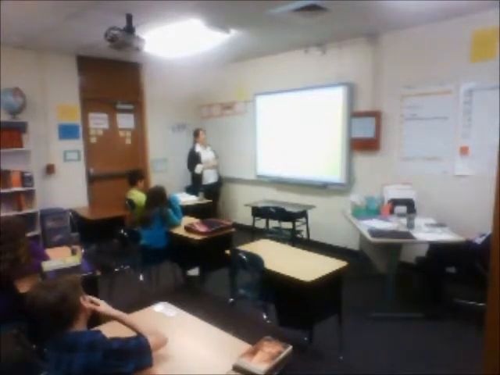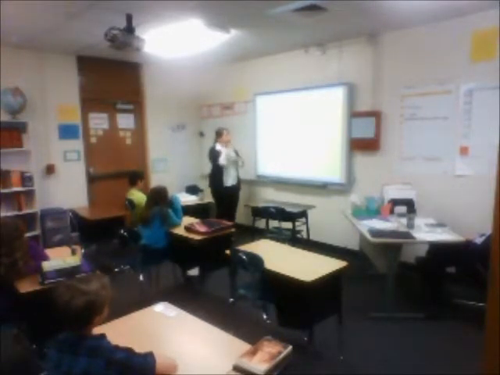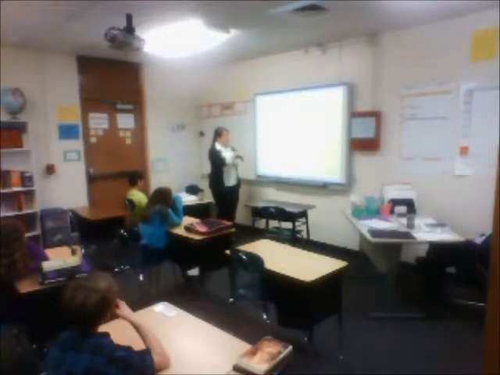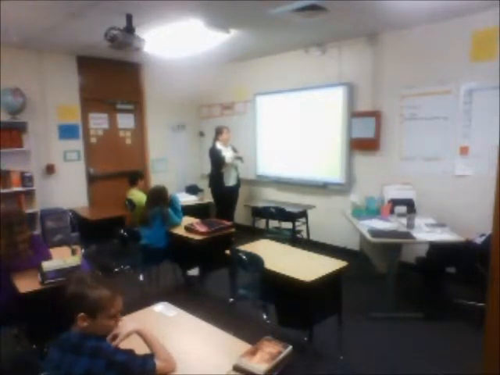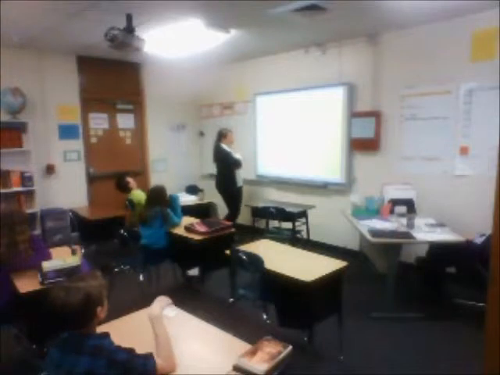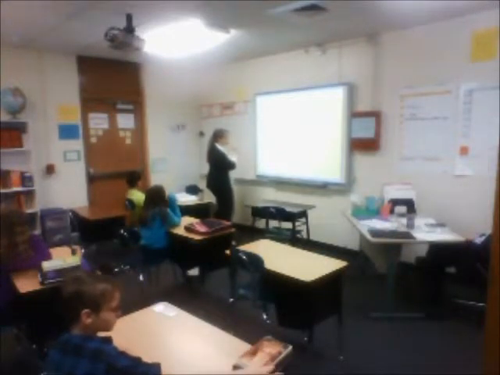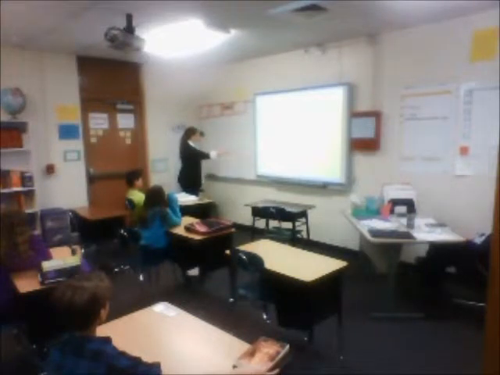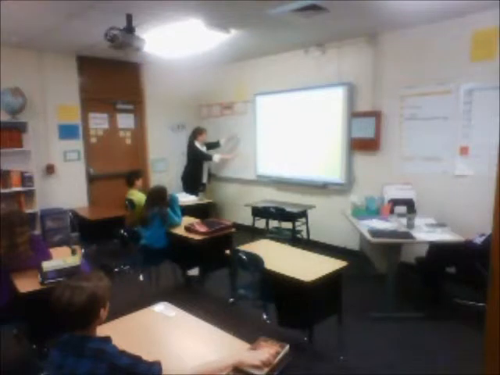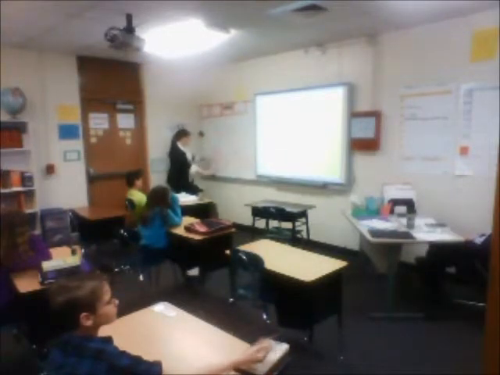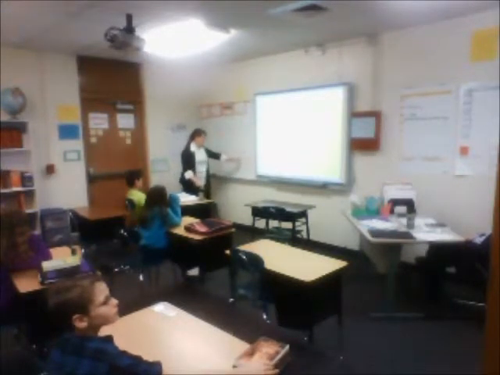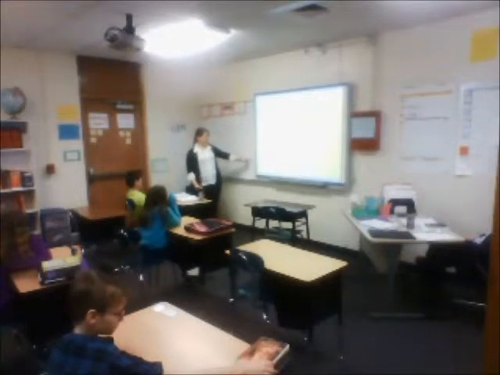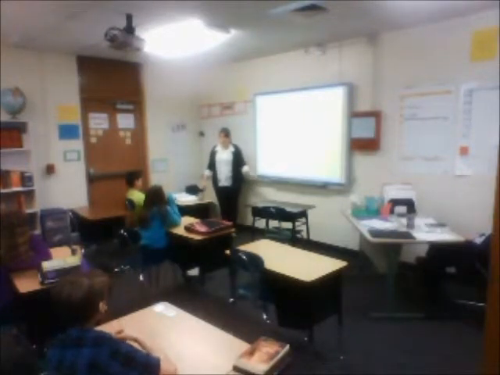In this case, I'm thinking, equilateral, all sides the same. So I'll look at my triangles. That, I think, is an equilateral triangle. So I picked, that is an equilateral triangle because it has 3 equal sides. Okay? See how I did that?